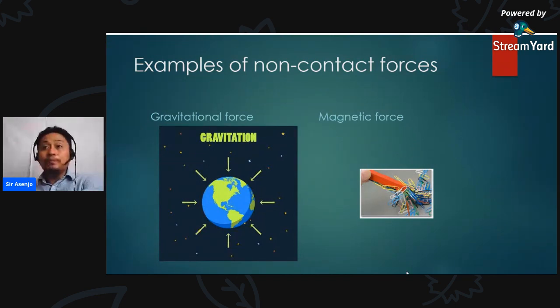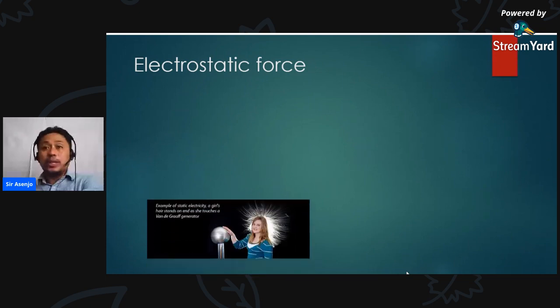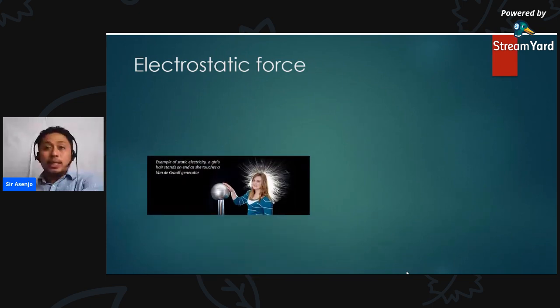Aside from magnetic and gravitational force, another example of non-contact force is electrostatic force. This is a good example. This is a woman in the picture, an example of static electricity. A girl's hair stands on end as she touches a Van de Graaff generator. If you observe, her hand is touching the Van de Graaff generator, but look at the hair.